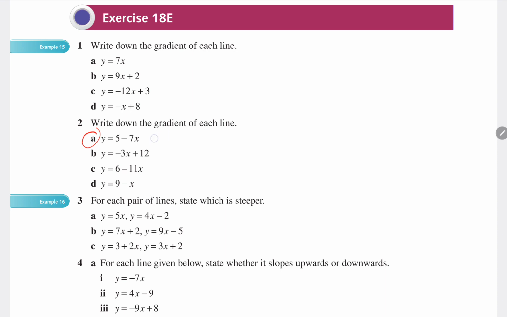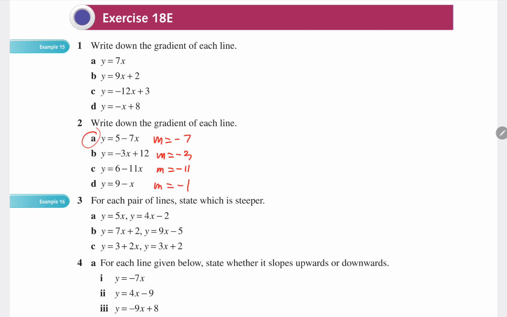Negative 7, right? Or m equals negative 7. Okay. What's the gradient of question B? Negative 3. M equals negative 3. What's the gradient for C? Negative 11. The gradient for D? Negative 0. No. Wait, negative 1. Negative 1, yes.